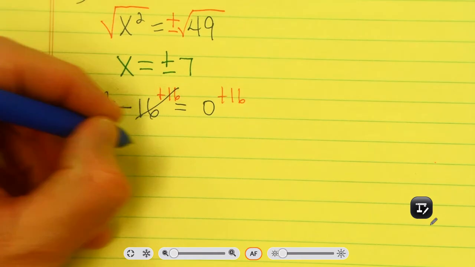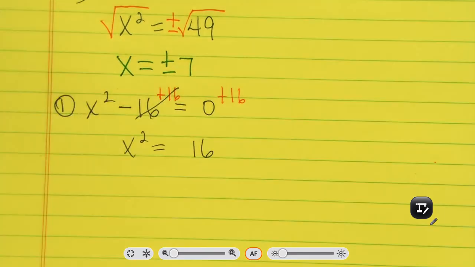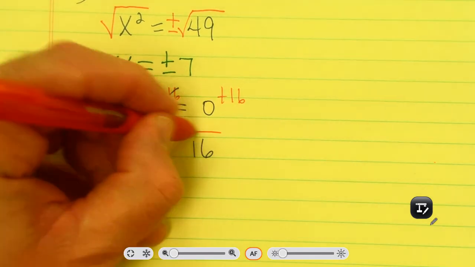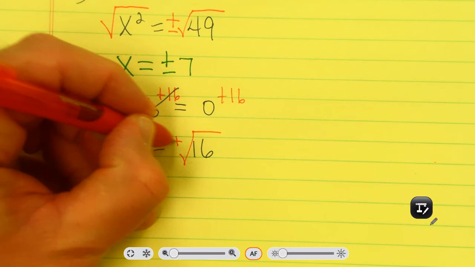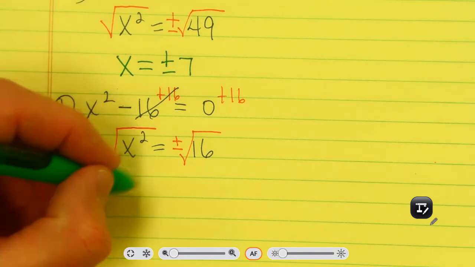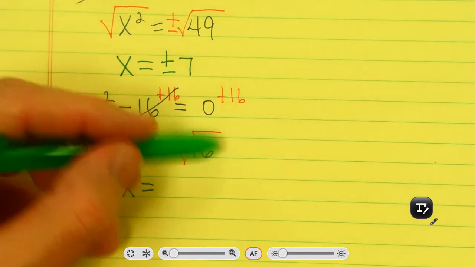Those will cancel. I'll be left with x squared equals positive 16. Next step is to take the square root of both sides. Remember, it'll be plus or minus. The square root of x squared is just x. What's the square root of 16?